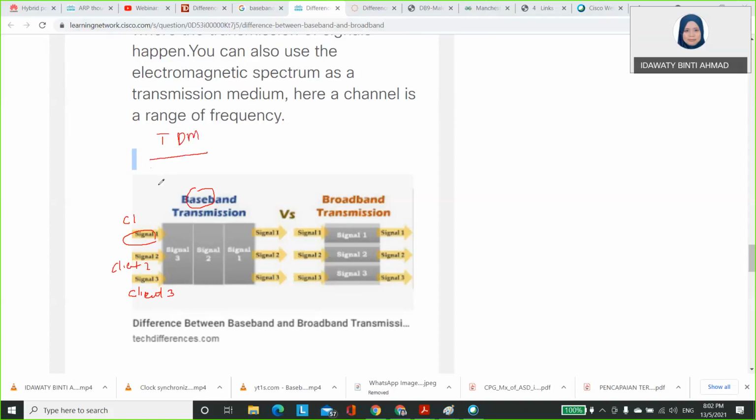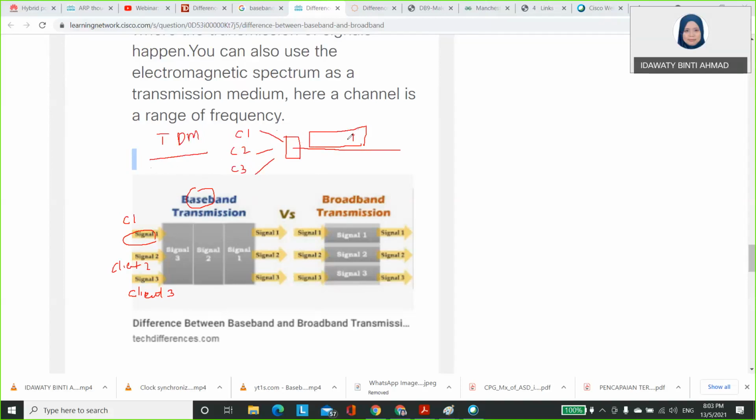If you forgot this, you can check your datacom slides. You have client number 1, client number 2, and client number 3 connected to a multiplexer.